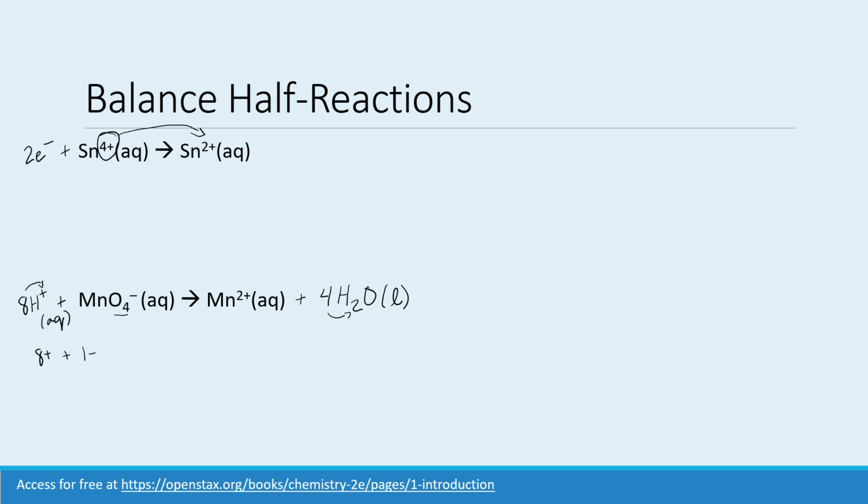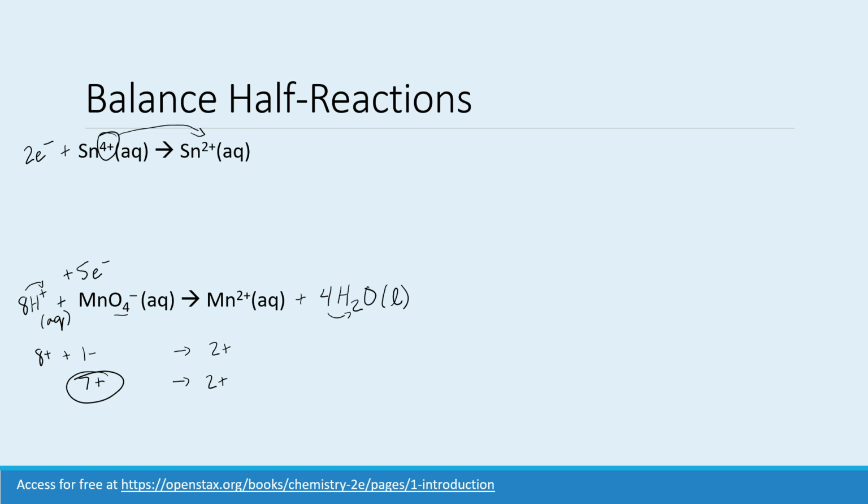And then on the product side, I've got just the 2+ charge coming from the manganese ion. So overall, I've got a +7 on the reactant side versus a +2 on the product side. And the larger side, of course, with the +7, you'll need to add 5 electrons to that side to balance it out to get you down to +2.